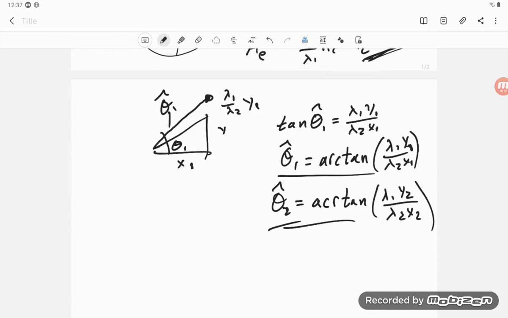So that's not so bad. I mean, we can find these arctangents and so forth.